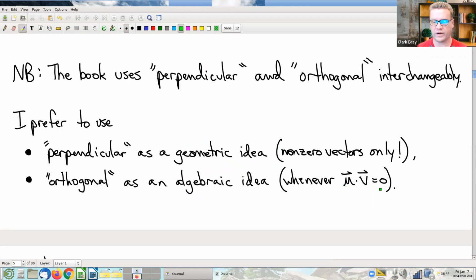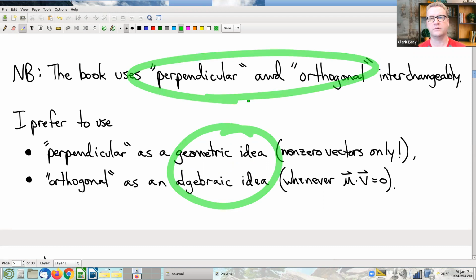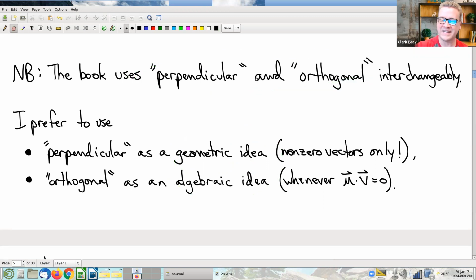So if we have two concepts and we have two words, it seems to me this is a perfect match. Let's use one for one and the other for the other, right? So I think it makes sense to use perpendicular for the geometric idea. Note that means that the word perpendicular in my usage would be used only for non-zero vectors, because you need a non-zero vector to define a direction.